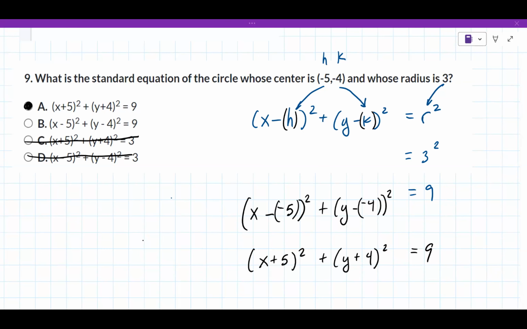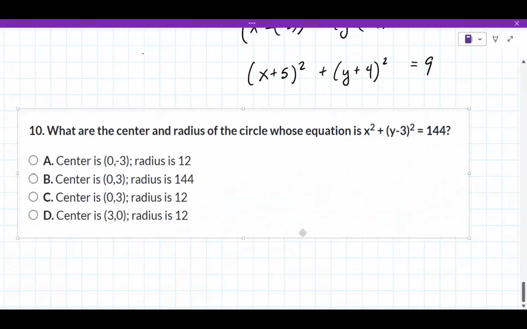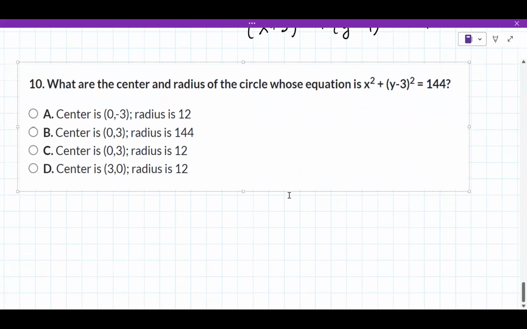You can, yes. Okay, so I put in the graph.